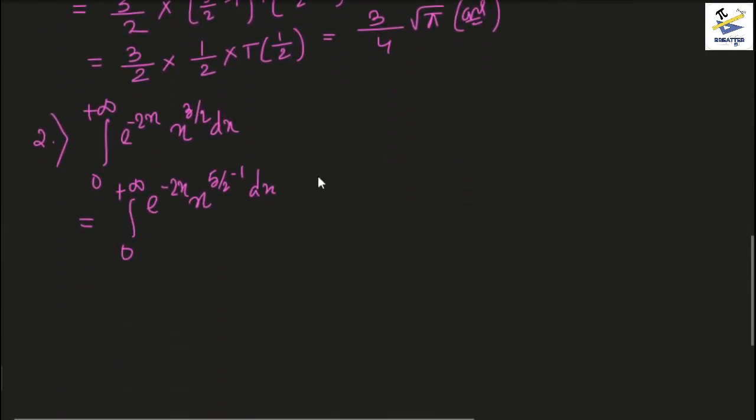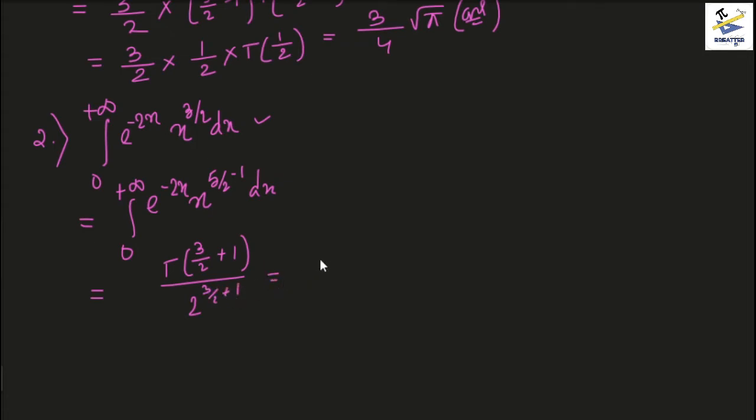So actually what we can do is use this representation directly, and write it as gamma of n plus 1 by a to the power n plus 1, where here a is 2. So what we get is gamma of 5/2 by 2 to the power 5/2.